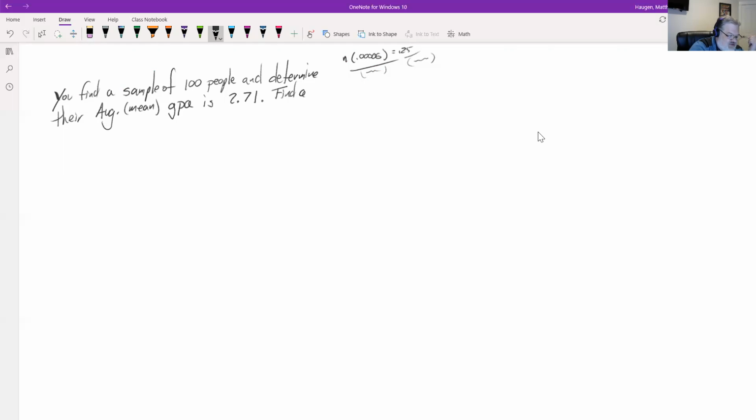Find a 95% confidence interval for the true average of all students in the population, so all students.